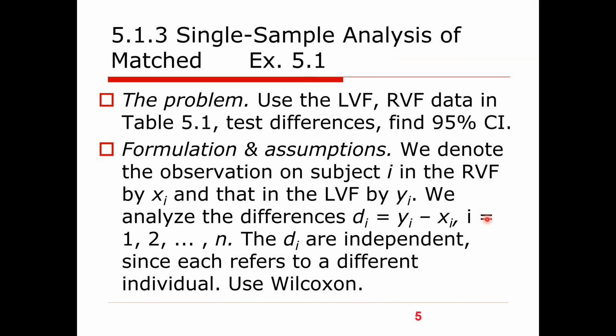So Di should be a random sample with independent observations, right? So this is a single sample problem again. So for sample Dis, we can use Wilcoxon test. The full name of Wilcoxon test is Wilcoxon signed rank test.